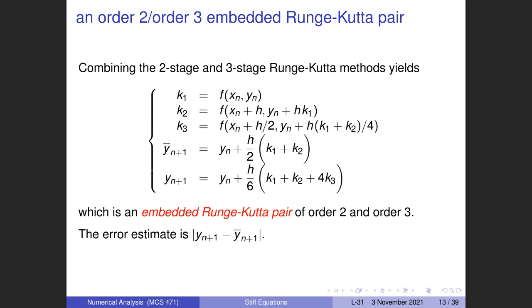And we have an error estimate by subtracting. So the error estimate is the difference of what the modified Euler method gives us with the three-stage Runge-Kutta pair.